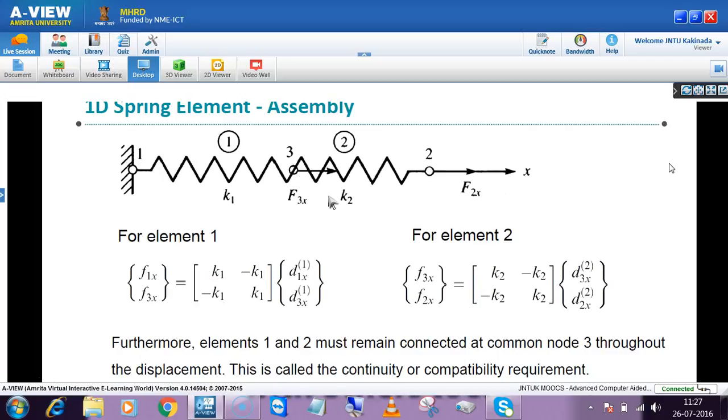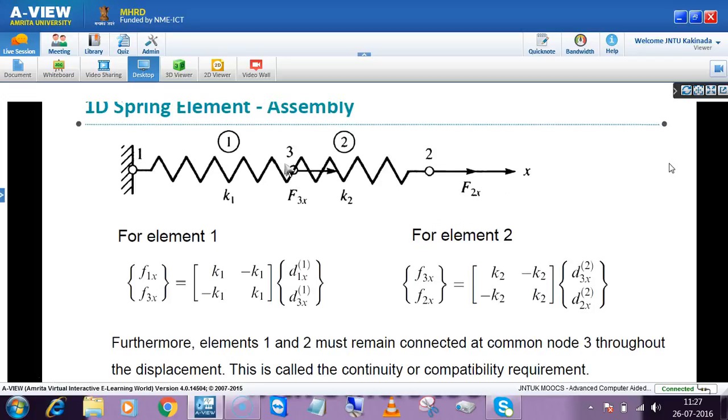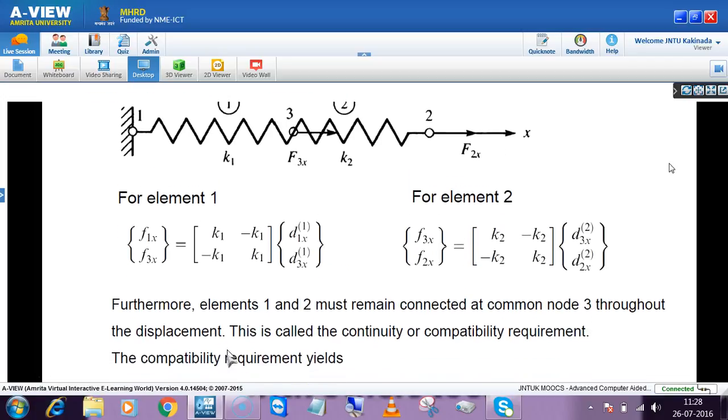Similarly, for element 2, we have F3x and F2x equals [K2, -K2; -K2, K2] times D3x and D2x, where K2 is the spring constant of this spring. So these are the two element stiffness matrices, and we need to understand how to assemble them.